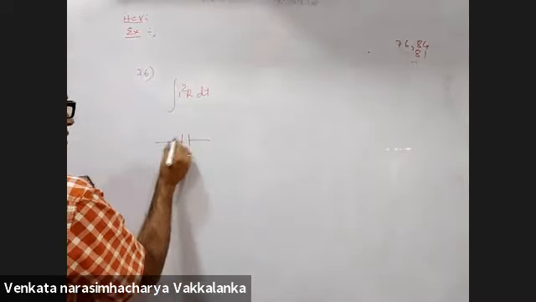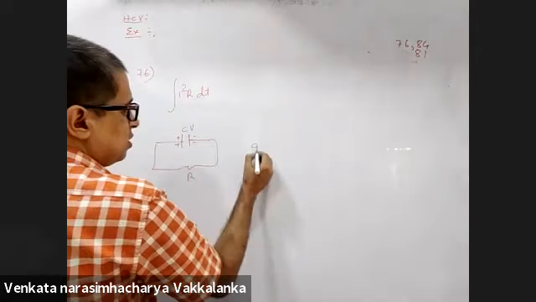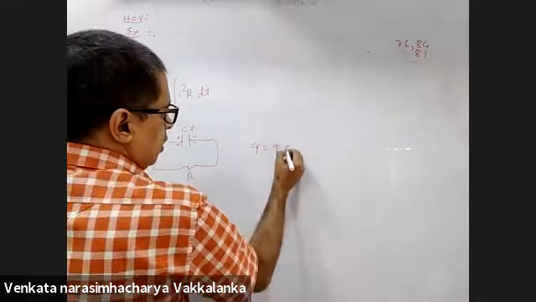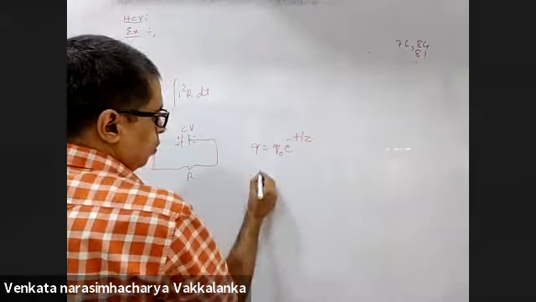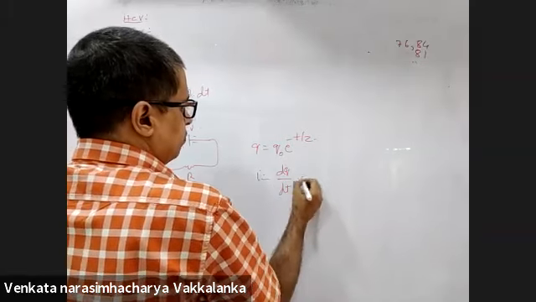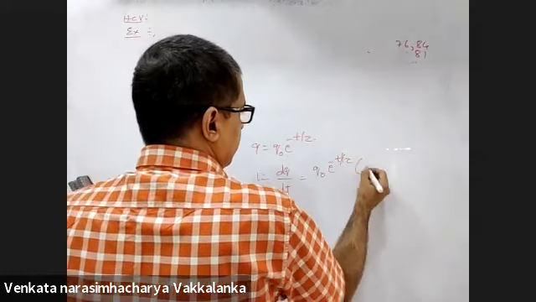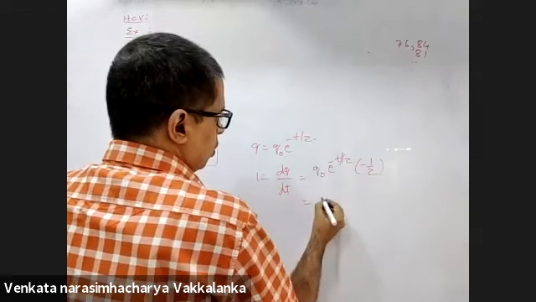You have a capacitor, charge it to V. That's the initial charge. Now you have connected it to a resistance R. By decaying, do you know what is the charge? Q is equal to Q naught e to the power minus t by tau. Do I know I? dq by dt will be Q naught e to the power minus t by tau into minus 1 by tau.